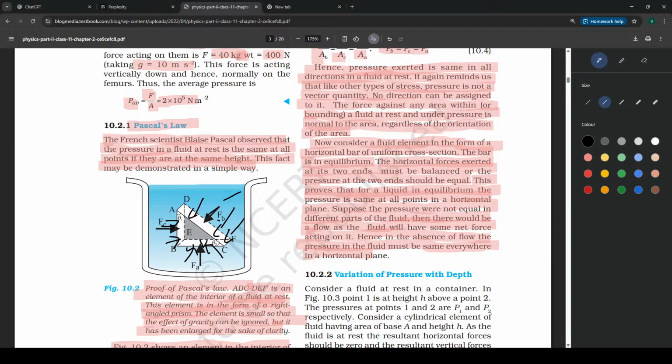If this force is not equal, meaning the force acting on this surface is not equal to this surface, then obviously if we resolve both of them, the net force we get would not be zero. If the net force, let's assume this force is larger, then the net force should be acting in this direction. If so, this part of the water should be moving in that direction. There should be flow of these particles.